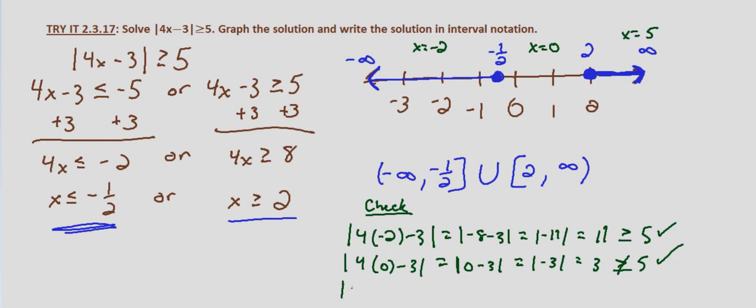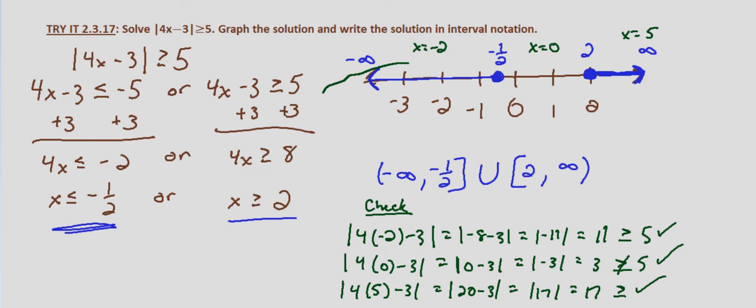And then lastly, 4 times 5 minus 3 inside our absolute value, which is the absolute value of 20 minus 3, which equals the absolute value of 17, which equals 17, which again is greater than or equal to 5. So that verifies our solution.